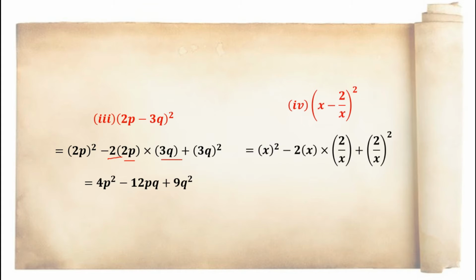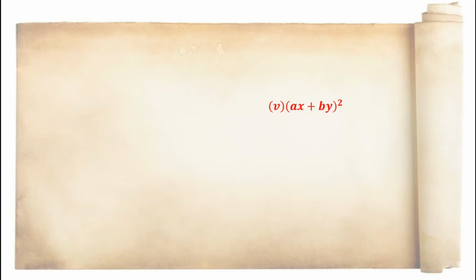So here you see it will be x raised to 2 minus 2 into x into 2 upon x plus (2 upon x) raised to 2, and that will be x raised to 2 minus 4 plus 4 upon x raised to 2. Okay, like this. So we can manage it very easily.